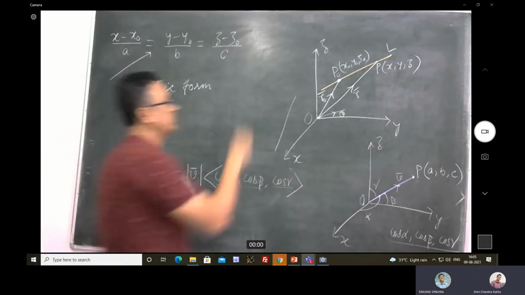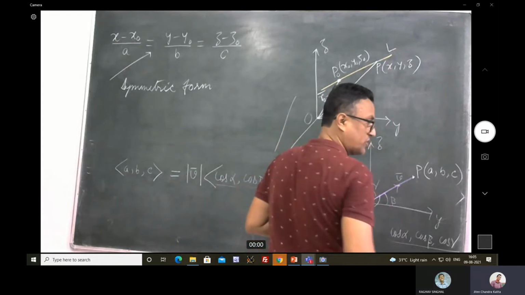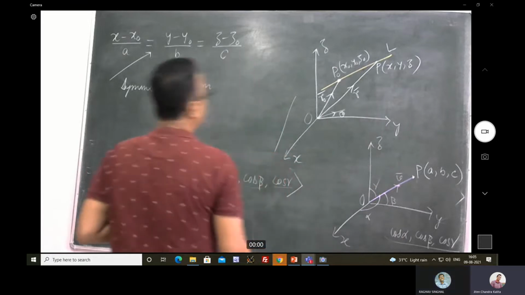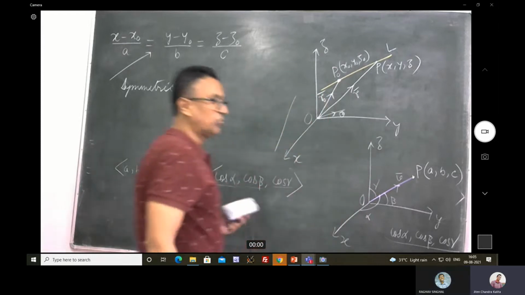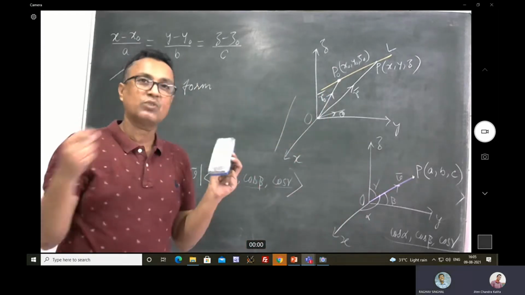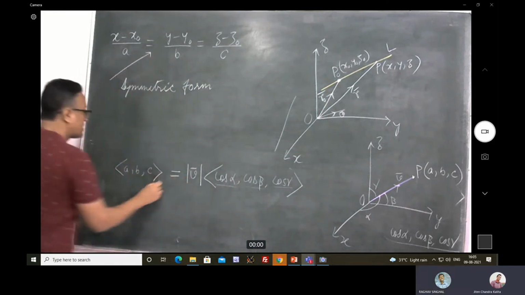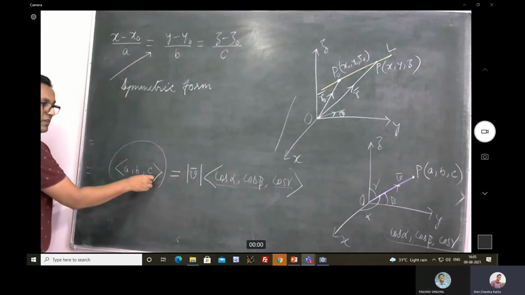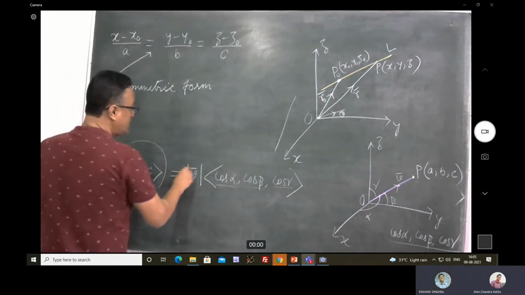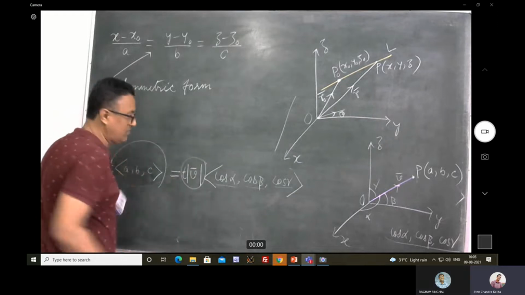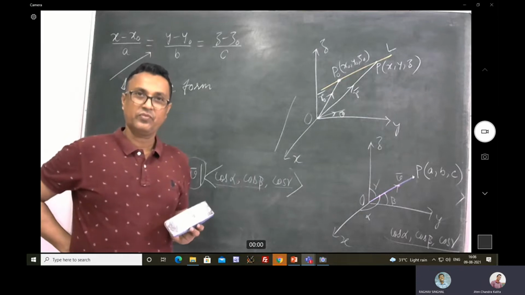Now suppose I shift this straight line to the origin and follow the same procedure. If I consider a portion of this straight line and take out a vector from it, obviously that is going to be some scalar multiple of this A, B, C. So here we have taken it as t into A, B, C. Now if you look at this, you will see that both of them have the same direction cosines, right?